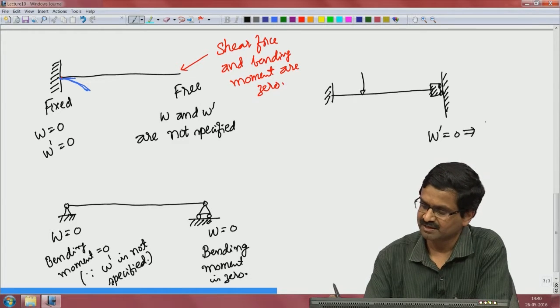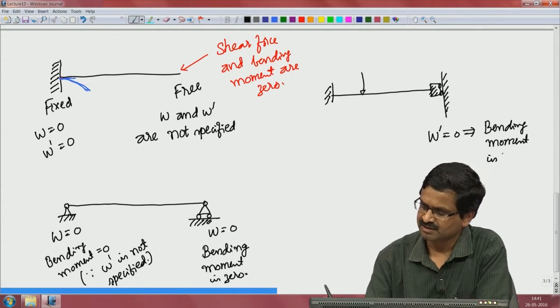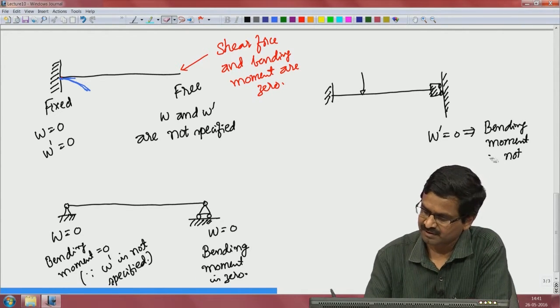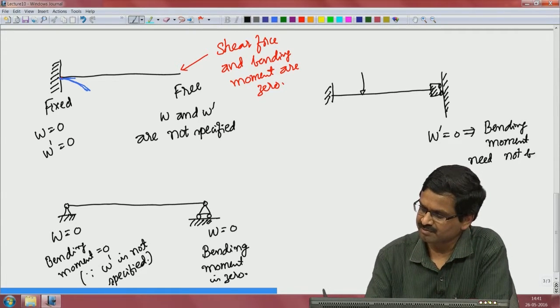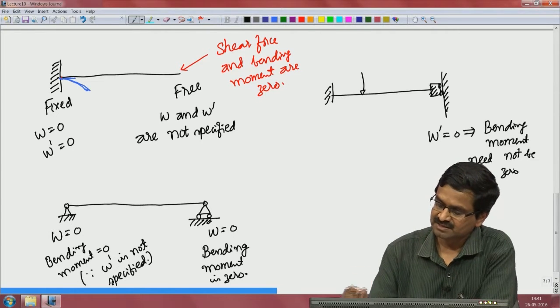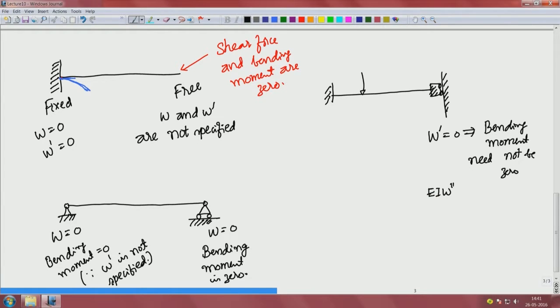W prime equal to 0 means that bending moment there need not be 0. Since W is not specified, then the EI W triple prime, which we said is shear force, that should be 0 because W is not 0.